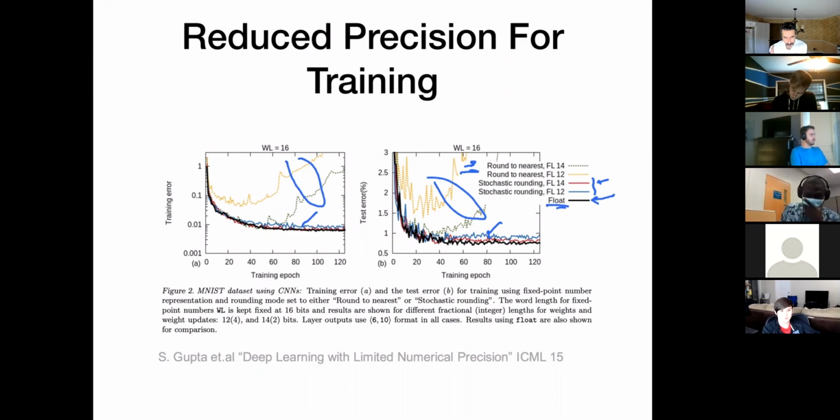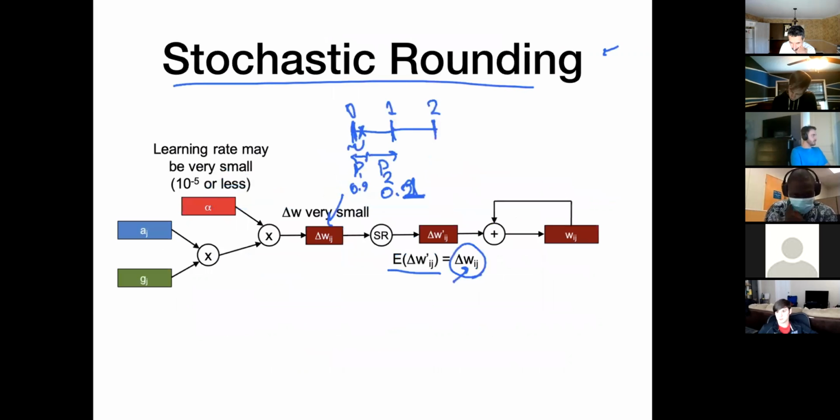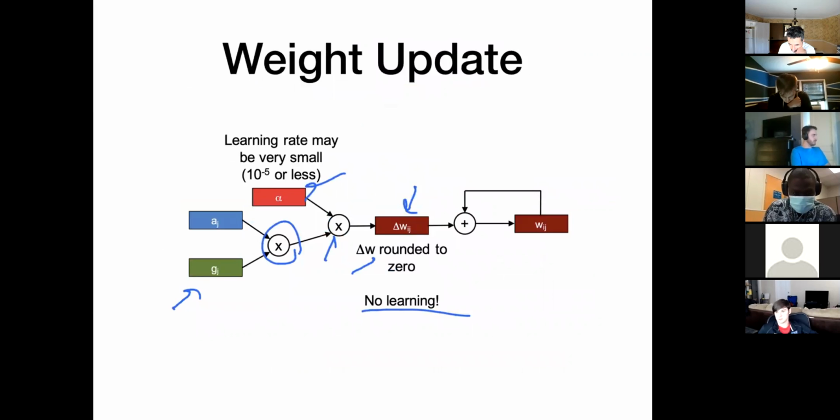So basically, the key reason is that by rounding to nearest one, like in this case I mentioned here, the update that you add to the weights is essentially nothing.